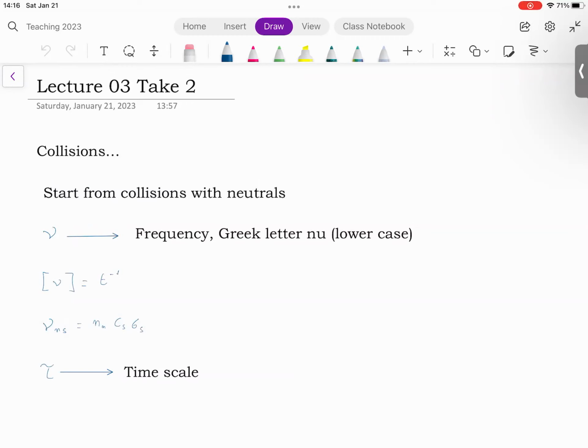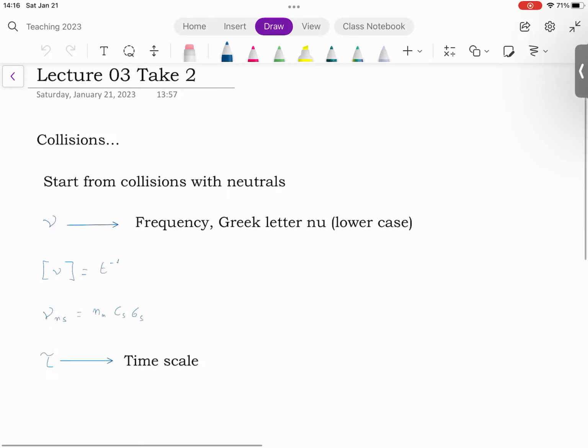In other words, what's going to matter here is what you are actually interested in, and depending on what that is, you will have to decide whether your time scale is some number or some other.